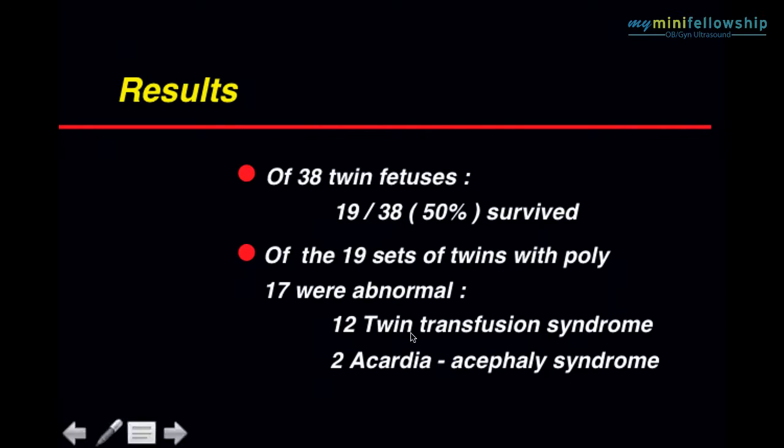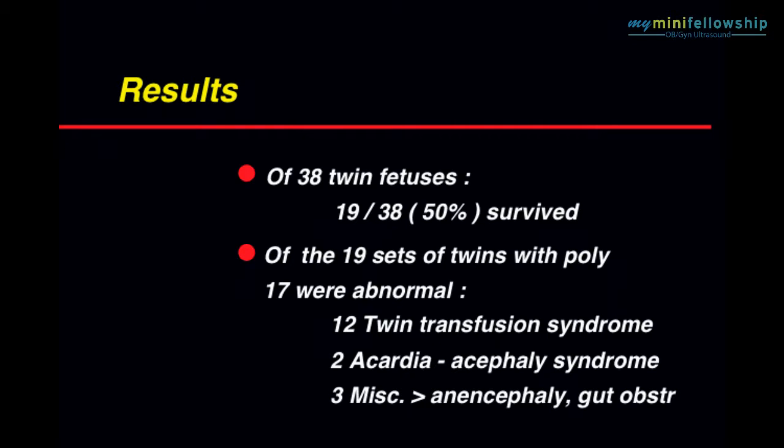So there were 12 cases of twin transfusion syndrome and 2 cases of acardiocephaly syndrome, more appropriately today called TRAP syndrome. Only 3 of the twins had actual structural anomalies of the fetus, anencephaly or gut obstruction.